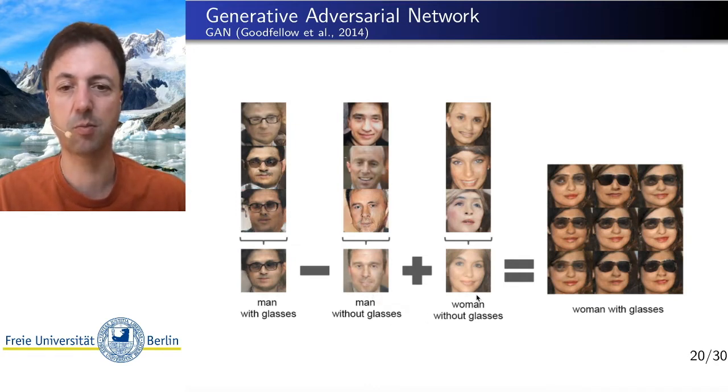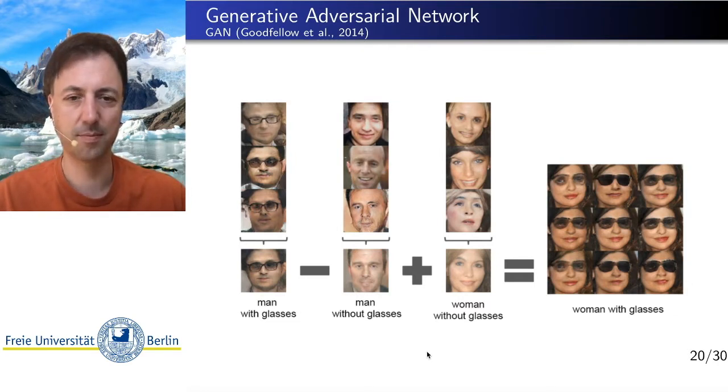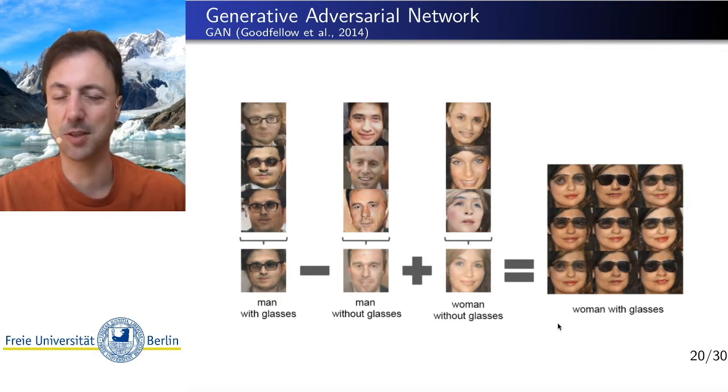And this one corresponds to a woman without glasses. We go through the generator. And then we do this arithmetic operation. So we get the resulting Z vector, put it through the generator, and then we get women with glasses. Yeah, so that's a fun example.